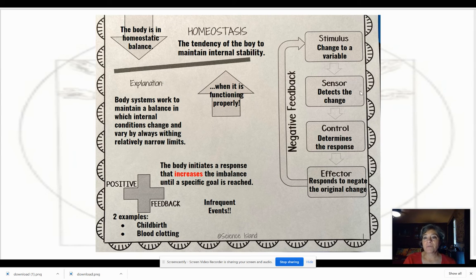So let's look at a specific example of these 4 parts. You're going to be doing your own example later, so really pay attention to how this works. So I said body temperature was what we're going to look at. So the rise in body temp is the stimulus. That is what's changed. So in your diagram, you should have a box over here where you can write or type body temp rises.